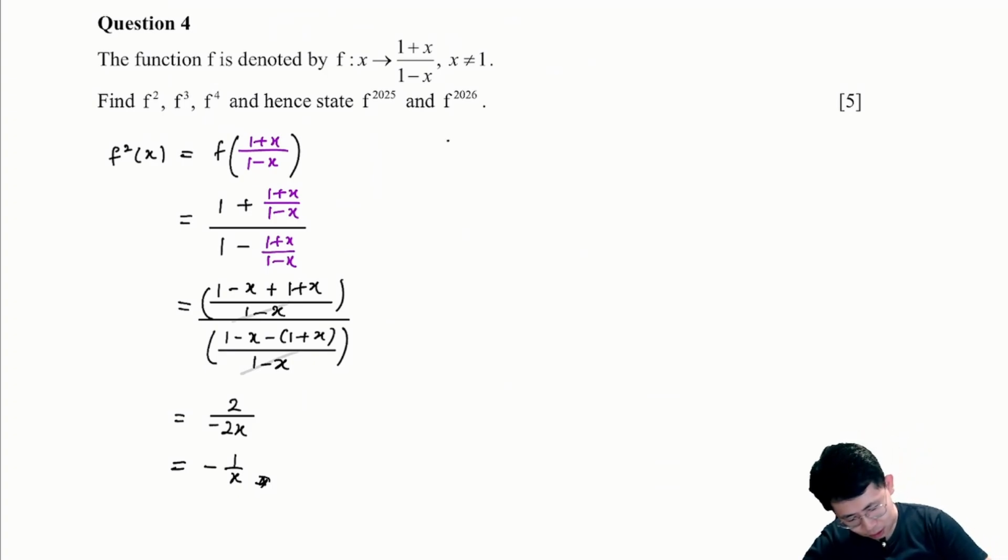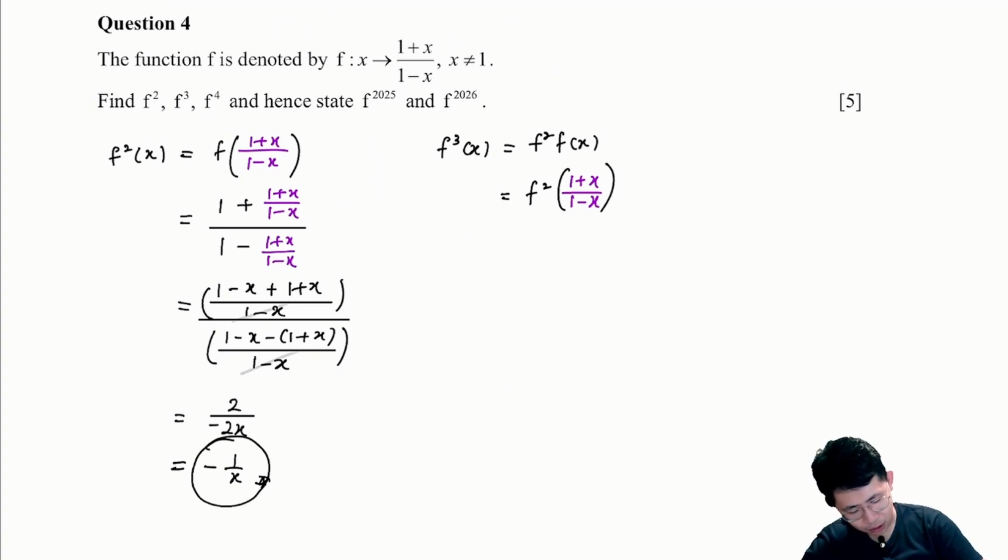Now let's take a look at how we evaluate f3 of x. So f3 of x is just simply f2 of f of x. Substitute f of x into f2. So what is f of x again? So it's f2 of this. f2, we have already evaluated and gotten the answer: negative 1 over x, the negative reciprocal.